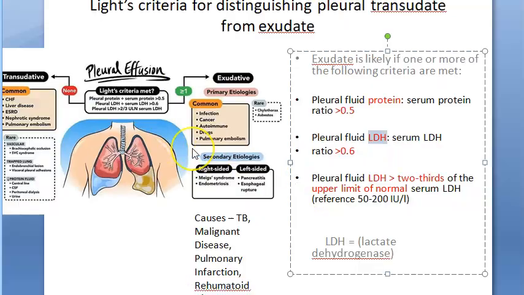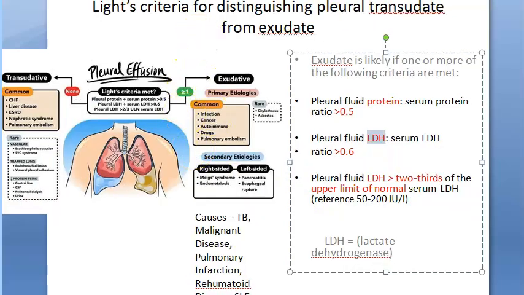So how much more? That is what Light's criteria will say. When you compare the pleural fluid protein and the serum protein, if the ratio is greater than 0.5, then it is exudative. Did you understand, guys?